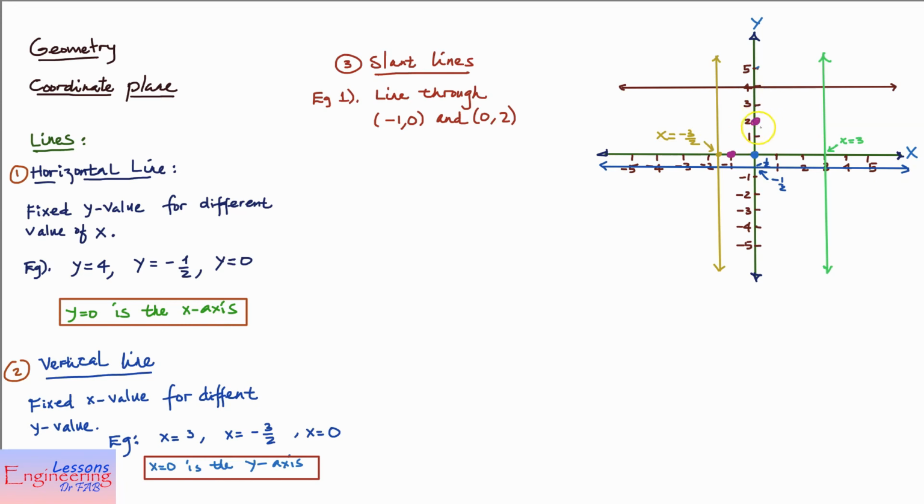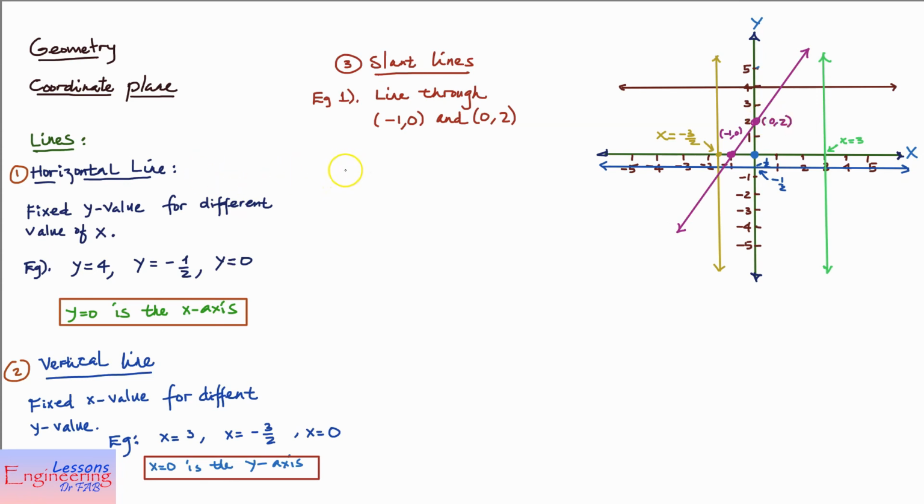So it's that point here. So we're looking at a line that passes through these 2 points. All right, let's make an attempt at drawing this line. So that line is this line that passes through these two given points, minus 1, 0, and 0, 2.